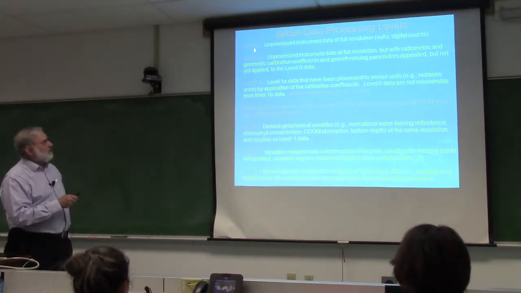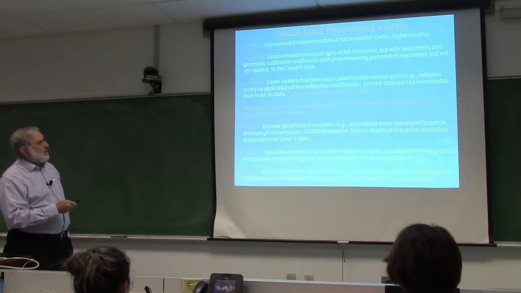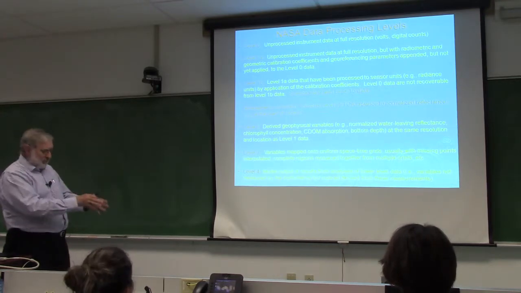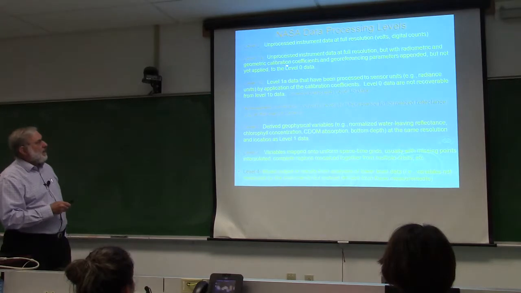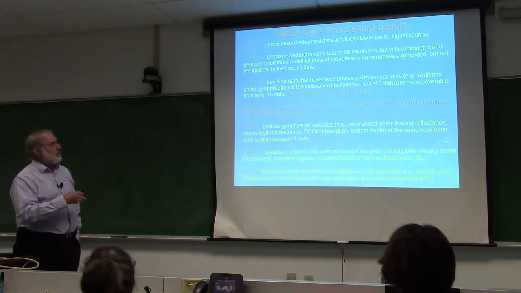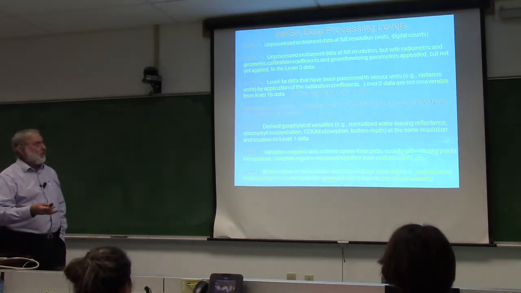So they take the level 0, this raw data at full resolution of whatever the instrument sees, and append these georeferencing parameters so you know where it was acquired, and they stick on the file of calibration coefficients, and that's then called level 1A.